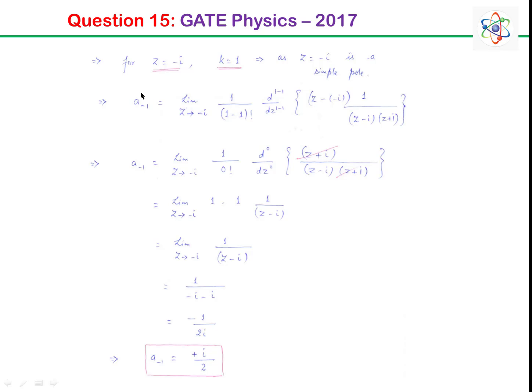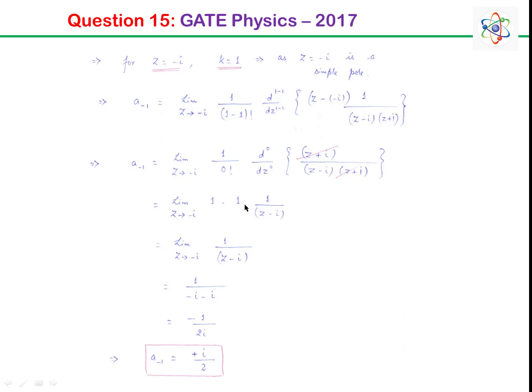So we have a minus 1 given by this equation. That reduces to 1 by 0 factorial, d to the power of 0 by dz to the power of 0, and over here we'll have (z plus i) divided by (z minus i)(z plus i). So z plus i cancels, and we are left with 1 by (z minus i). The 0 factorial, we know, is 1, and this also becomes 1.